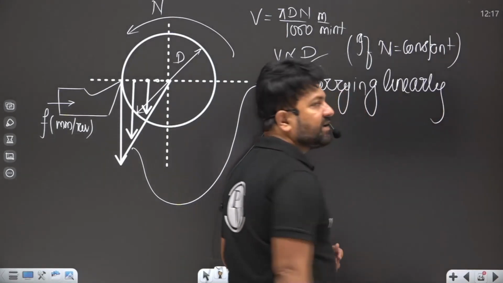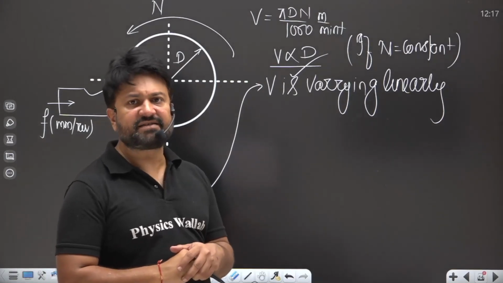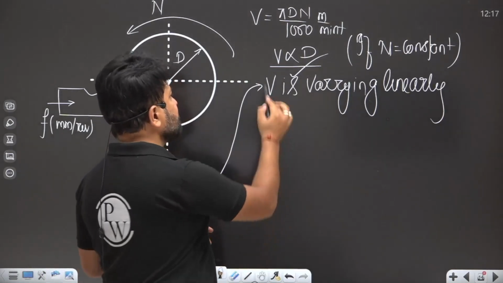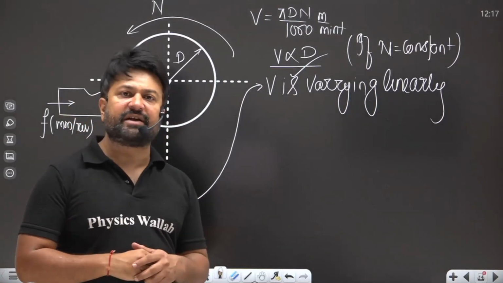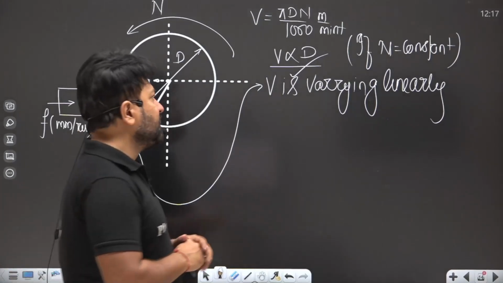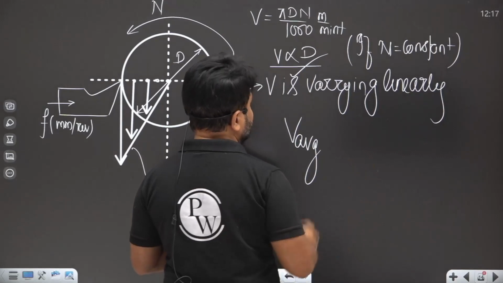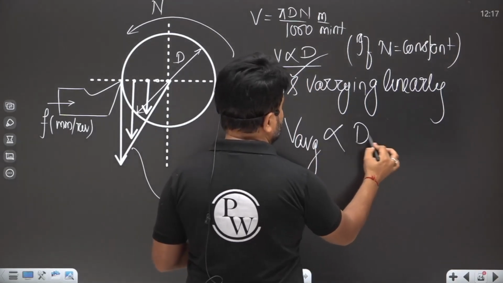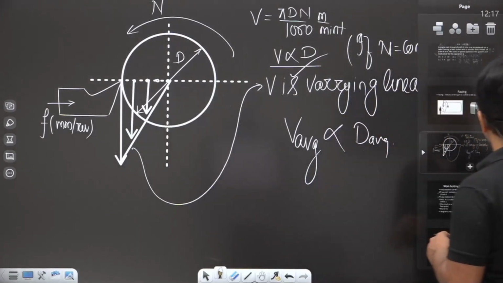He says that speed is constant because V is proportional to D, and every time in the facing operation D is going to change. So he is talking about V average, which is proportional to D average. Am I clear in this question?